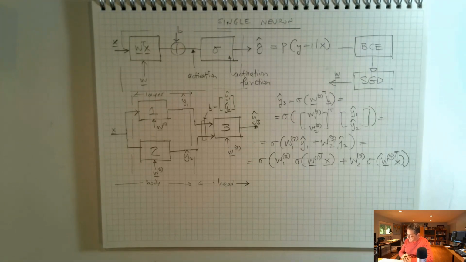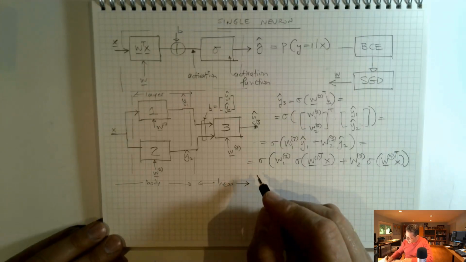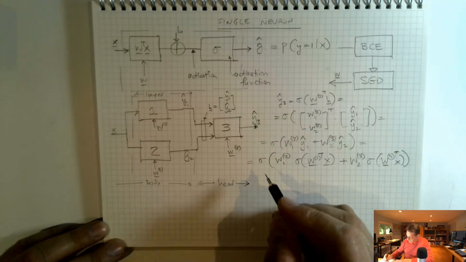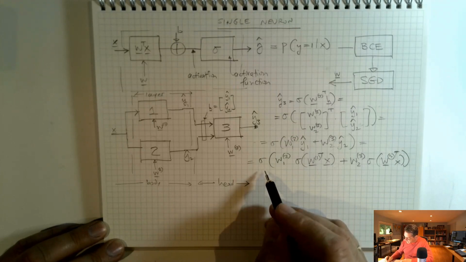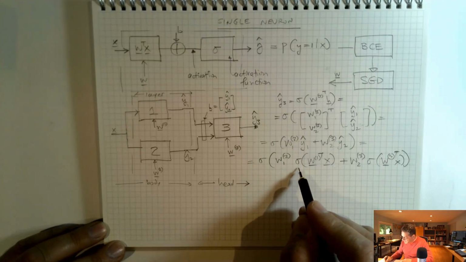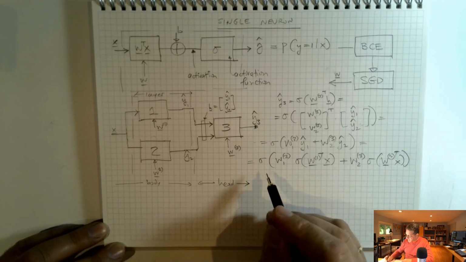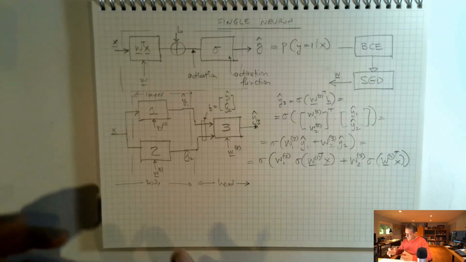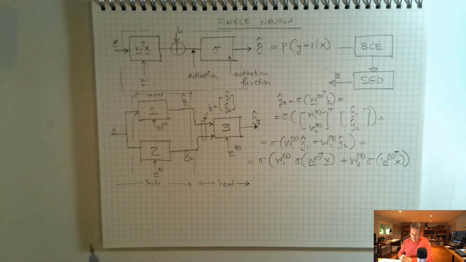And there are some interesting observations from this simple architecture that I would like to point out. The first is that we definitely see some form of nesting going on. So we have a nested function. We have sigmoids of sigmoids. We have sigmoids of some linear combination of other sigmoids, which are evidently nonlinear functions.